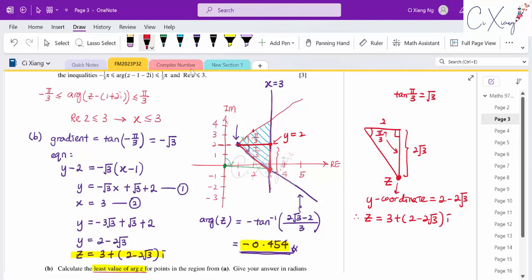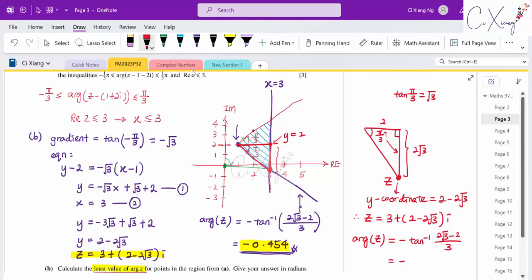From here I can get the argument of z. To get the argument of z, if you observe the diagram, you realize that it is in the fourth quadrant. So for the fourth quadrant, you need to change all the values here to positive so that you can get the argument. So I'm using negative tangent inverse of (2 square root 3 minus 2) divided by 3.